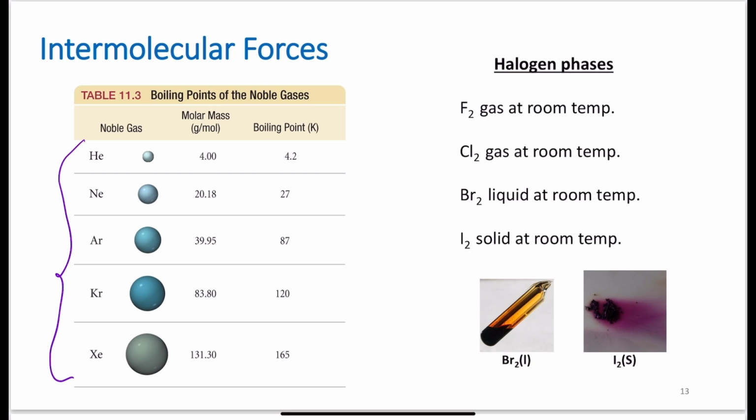And we can see their relative size here, their molar mass, and their boiling point. Now, what I want you to realize is that, yes, as they get heavier, their boiling point is increasing, but it's not a direct comparison to molar mass. It's actually due to the size, which leads into the polarizability of the molecule. So don't pay attention so much to the molar mass. It's here to emphasize the size difference. But what I want you to think about is the size of the atoms. And this leads into this idea of polarizability.